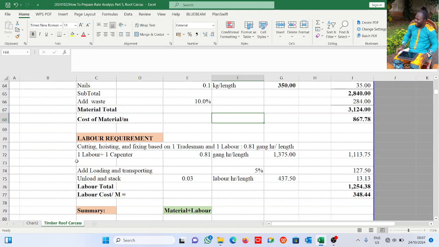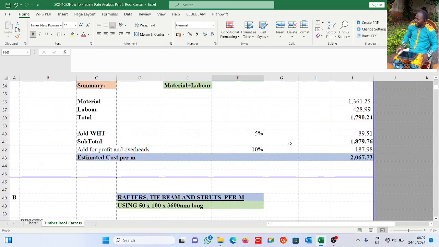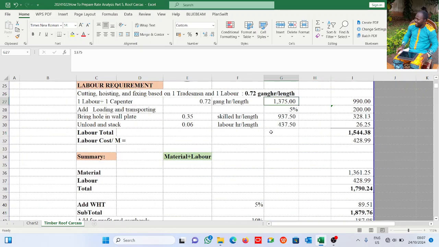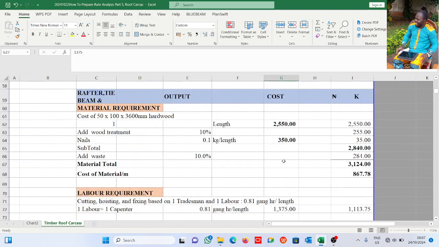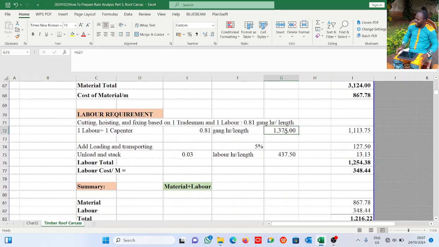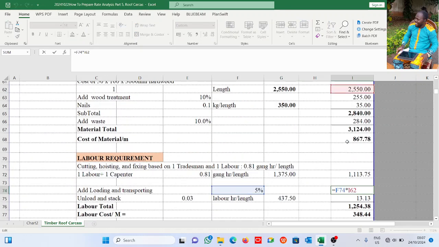Of course, one skilled labor and one unskilled labor, like what we explained in the previous. The same thing, 937.5 for skilled labor, 437.5 for unskilled labor. All right, now we add that. So we add transport, the same thing. Remember, it is on the material.